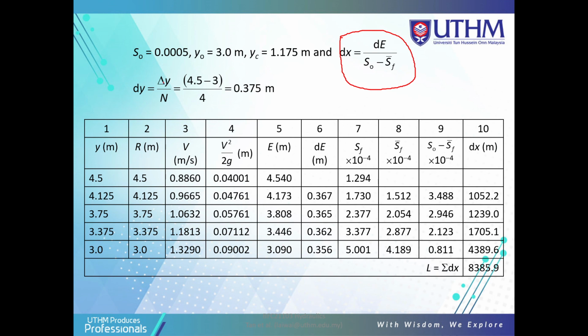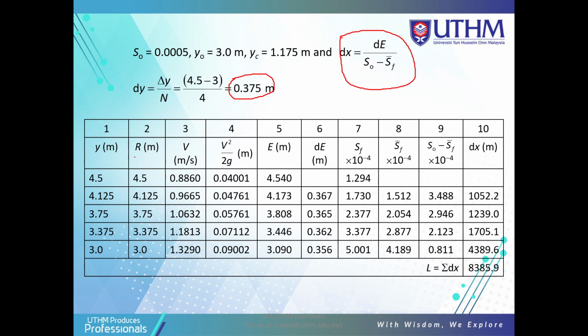Okay, the dy is the difference, 4.5 minus 3, we get 0.375. So we just put 1 2 3 4, they have 5 rows. Okay, 4.5, and then the difference of this one is 1.125 and 3.75 and 3.375 and 3. So this is the step for direct step method.